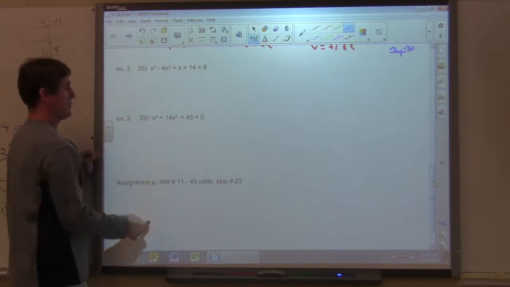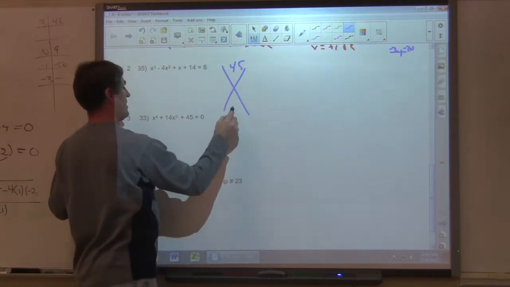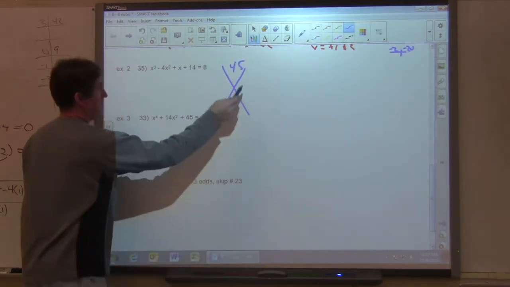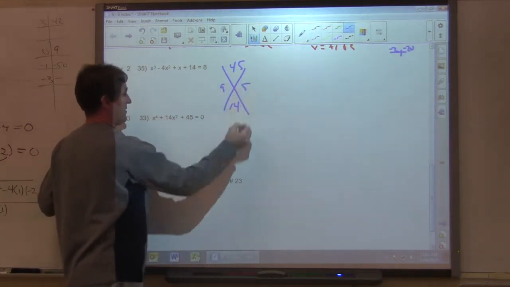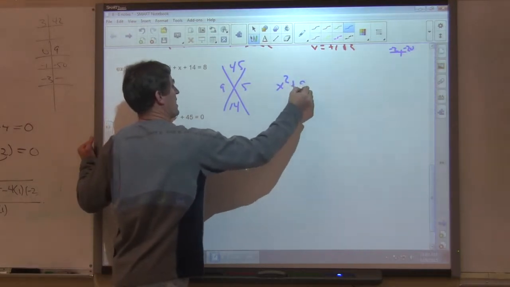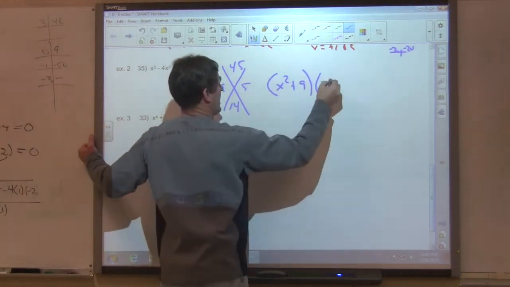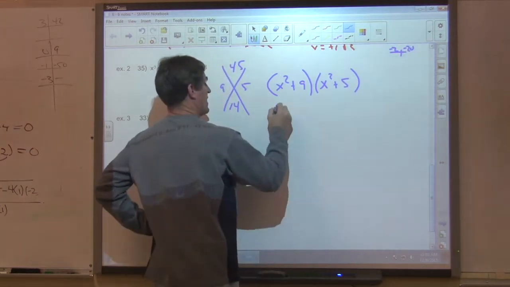If this is half of this, we can check. So 45 and 14. Are there numbers that multiply together to give 45 and add to 14? Yes, 9 and 5. Because this is x squared, it would be x squared plus 9 and x squared plus 5. And so we set that equal to 0.